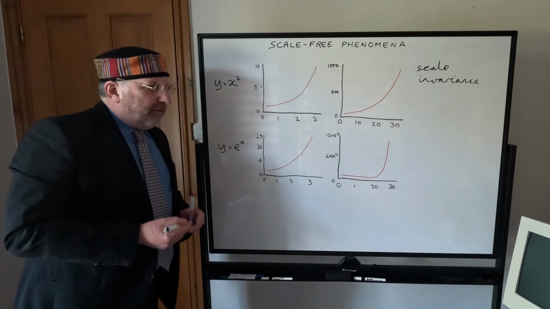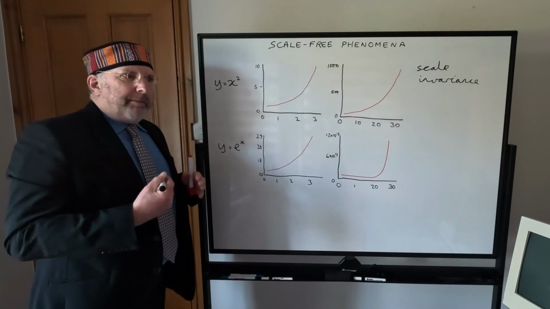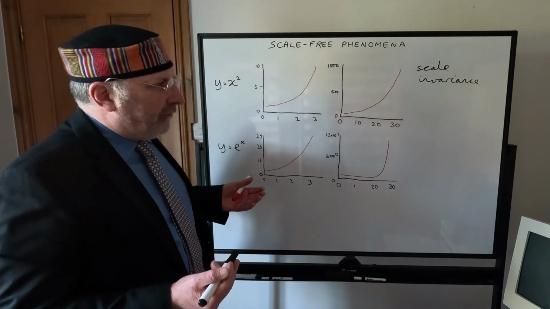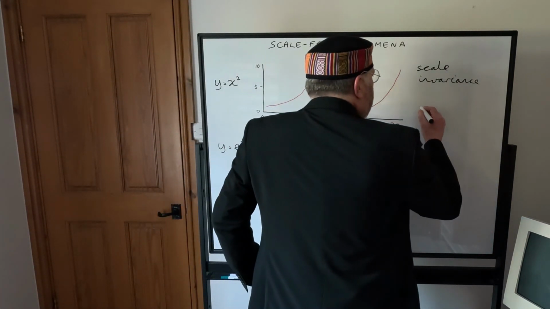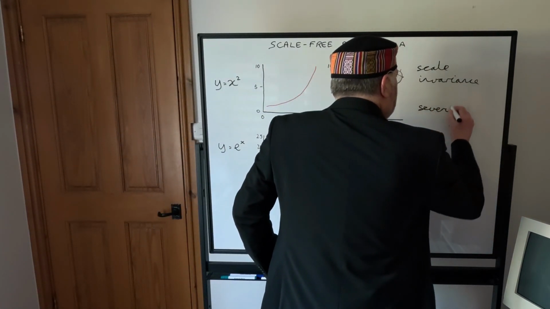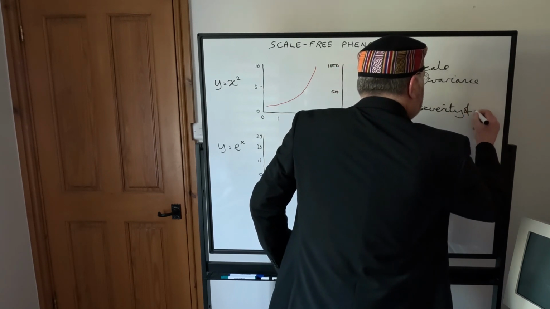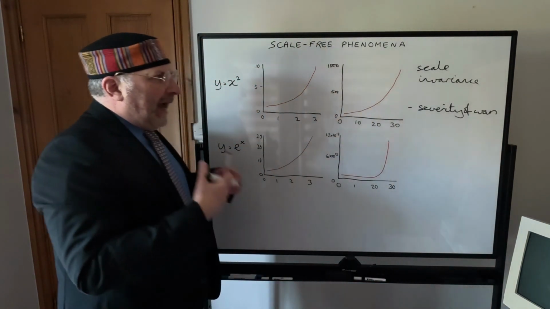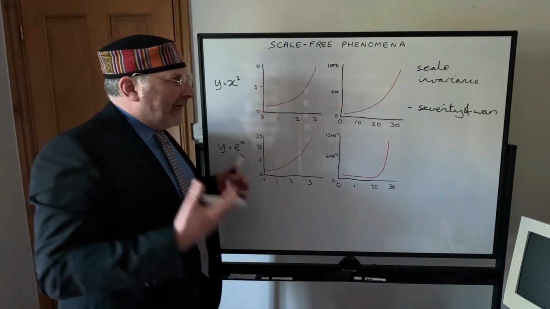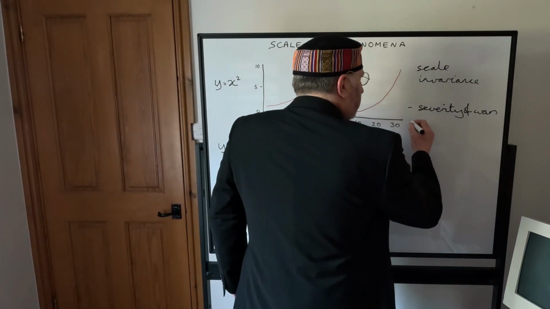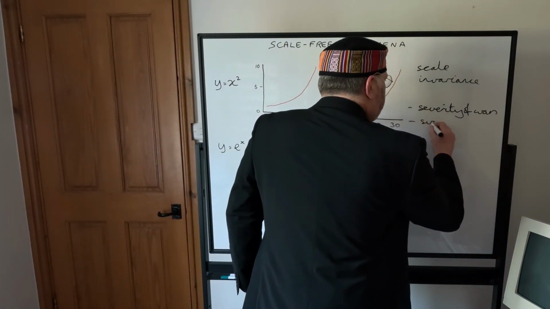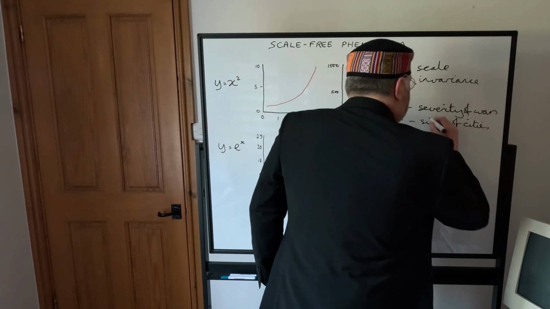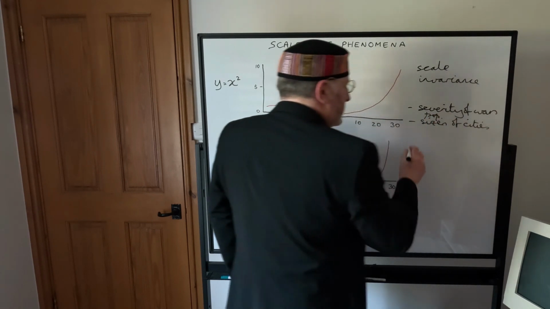And the point is then that we find these power laws and scale-free behaviour in a wide range of socio-historical processes. So, for example, the severity of wars. By severity, I mean how big the war is, particularly how many people are killed in the war. Power laws are seen in the sizes of cities, by which I mean the population sizes of the cities.